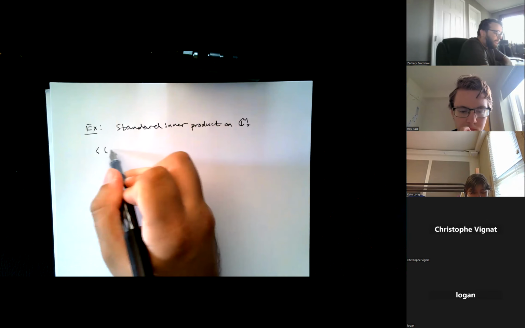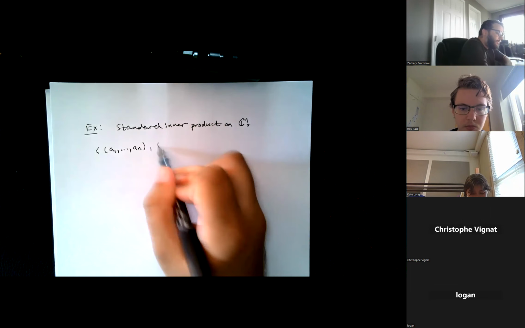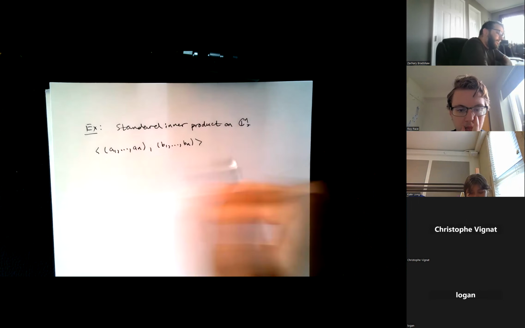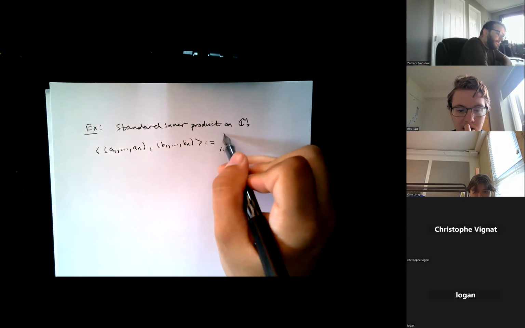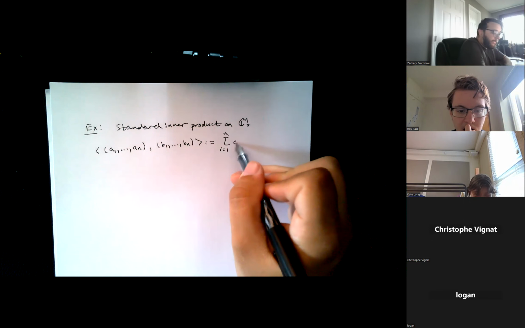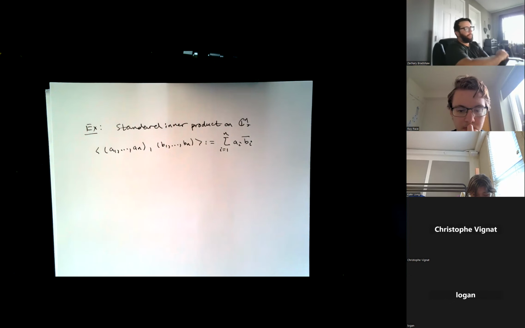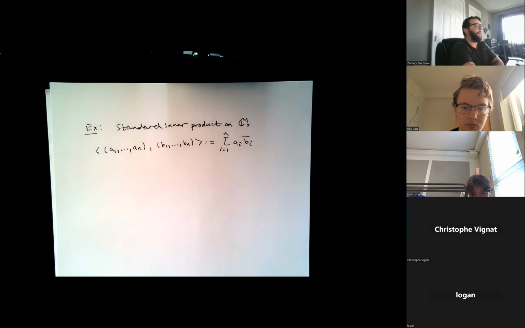Well, if I'm given two n-tuples of complex numbers, a and b, this is defined to be the sum from i equals 1 to n of a_i times b_i complex conjugate. You can check that this is indeed an inner product. I'm not going to do that, but it's a nice little problem.